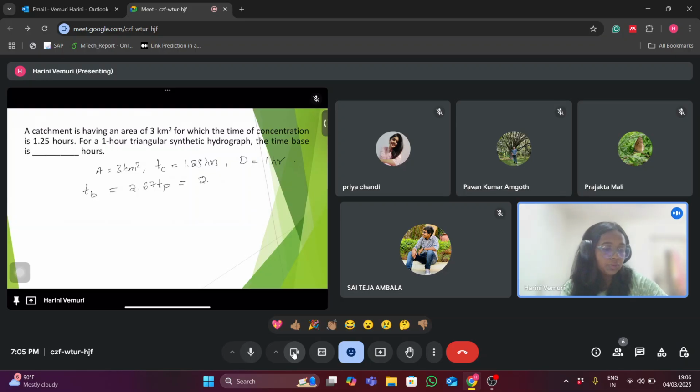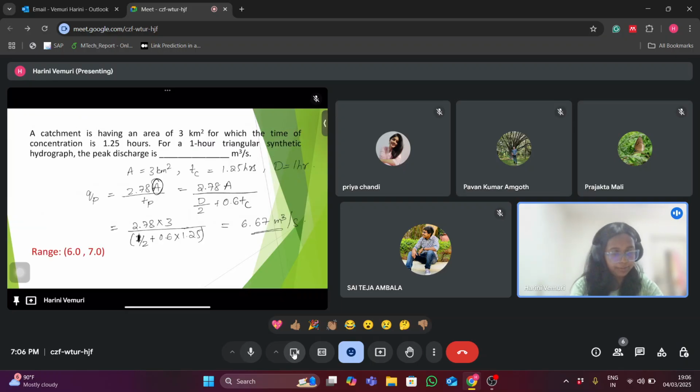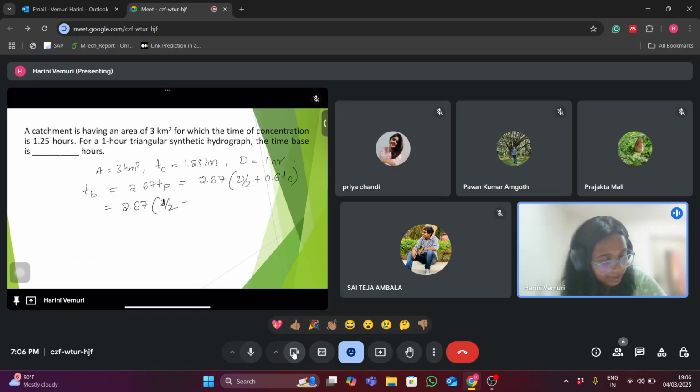Okay, so 2.67 times D by 2 plus 0.6 times TC. So 1 by 2, in the earlier equation also this is 1 by 2, 1 by 2 plus 0.6 times 1.25. So the value will be 3.34 hours. Okay, approximately the base time will be 3.34 hours.